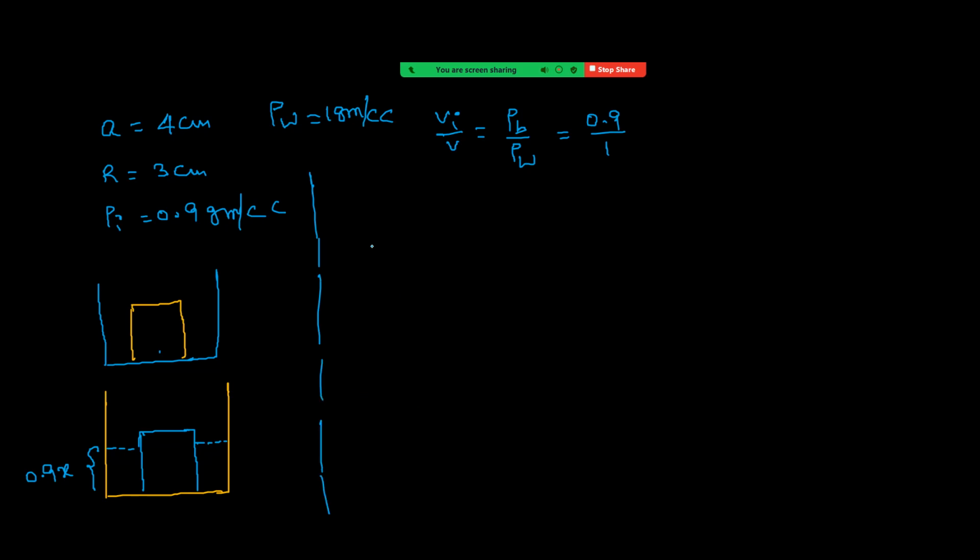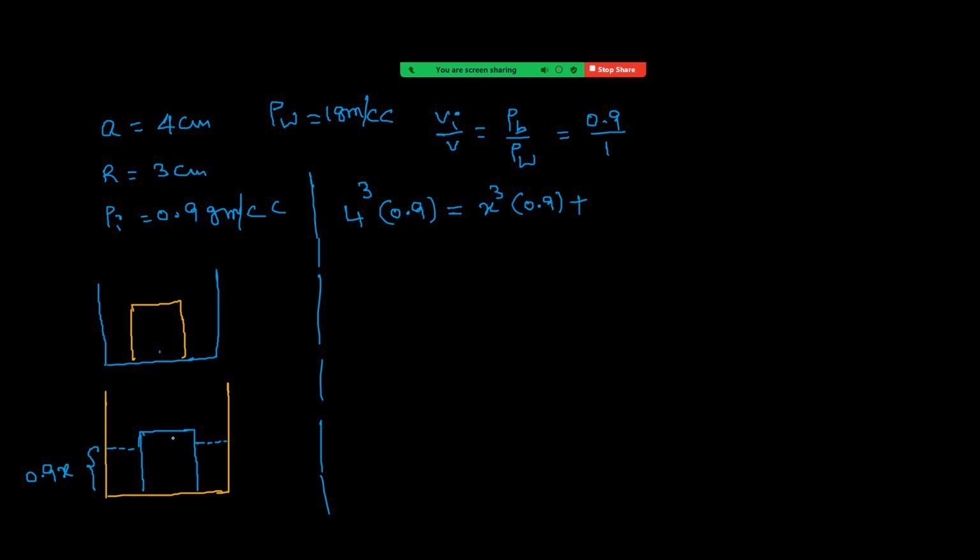So mass of ice, volume 4 cube into density, density of ice 0.9. This is the mass of ice. That is equal to, if you see, volume of ice, x cube, side length, into 0.9.